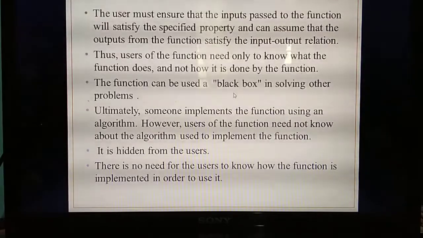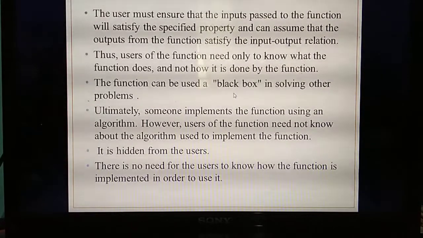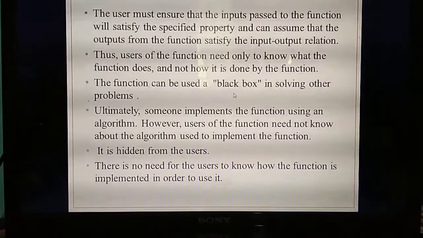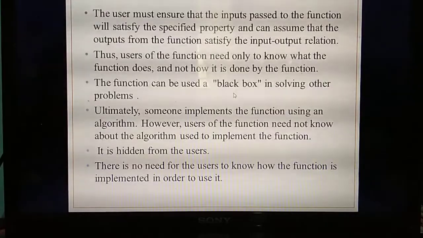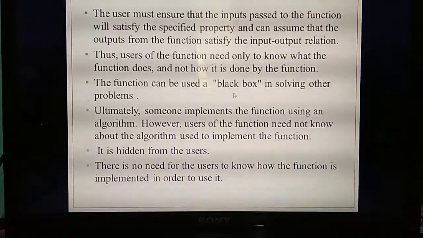He won't worry about what is present in the wheel, how many cables there are, how the dynamo works, or what the seat is made of. All these things he won't worry about. Likewise, if you are writing a function, you should only know what output you will get, but you are not worrying about how it is implemented.